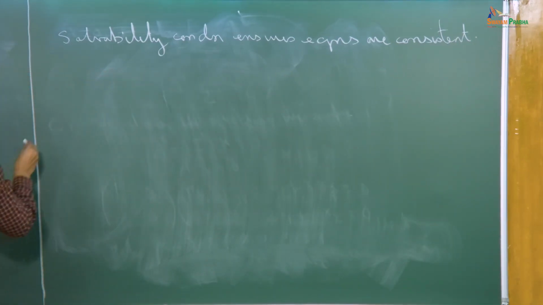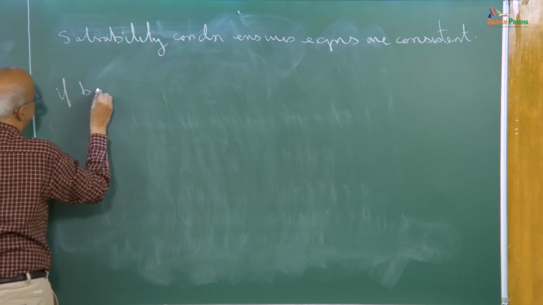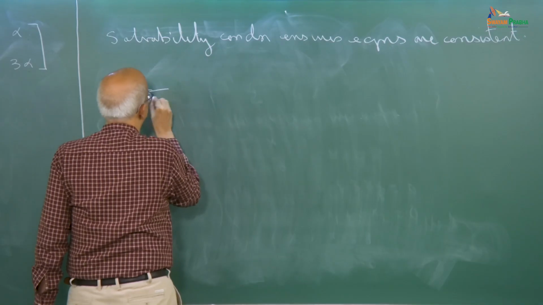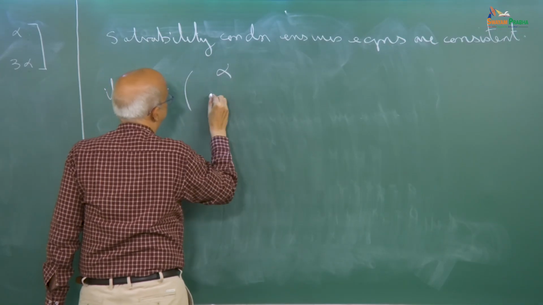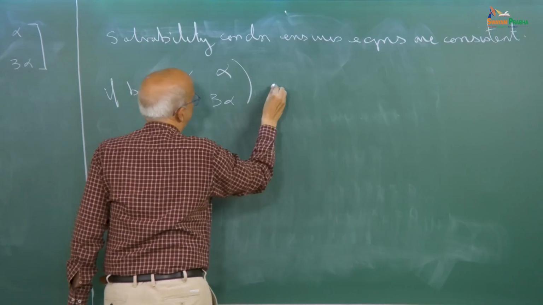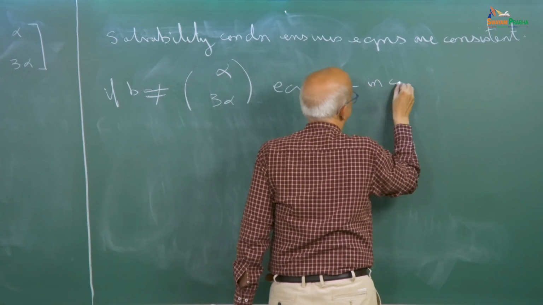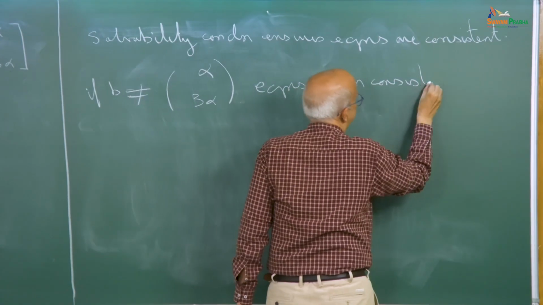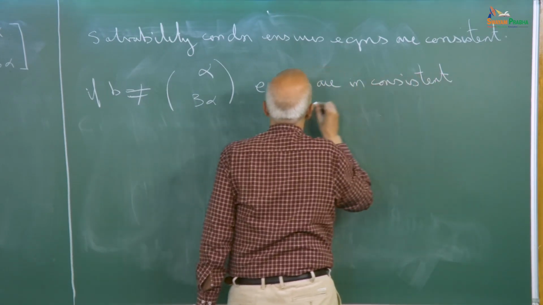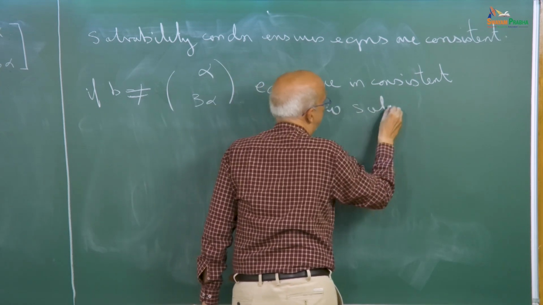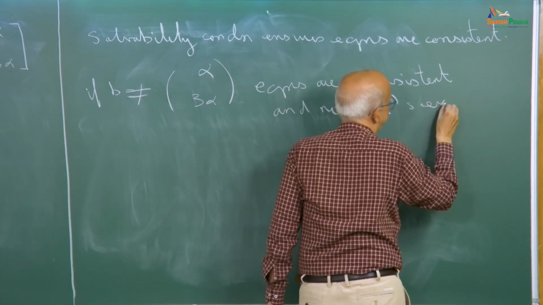And if B is not of this form, alpha and 3 alpha, the equations are inconsistent and no solutions exist.